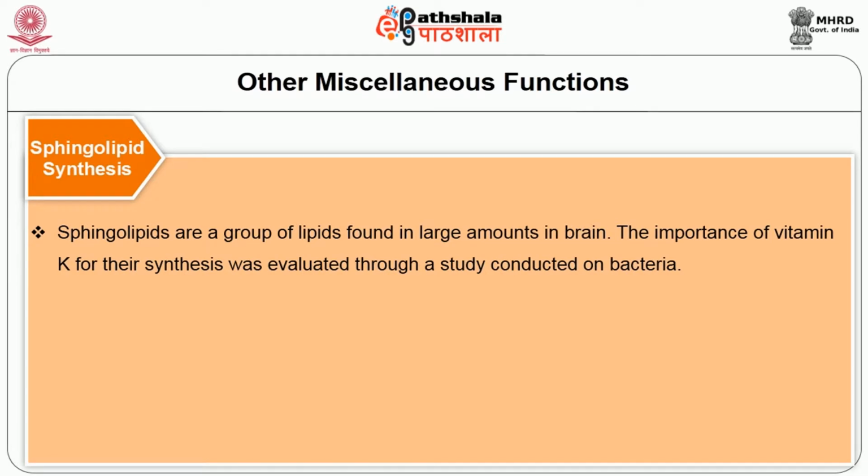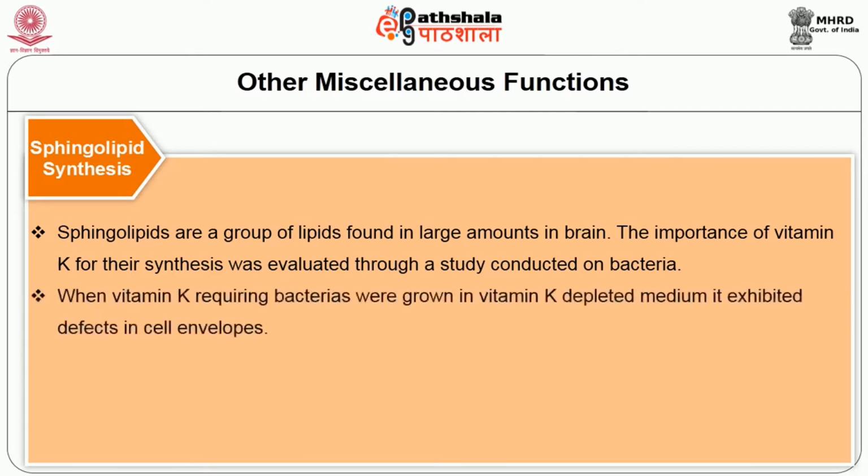Sphingolipids are a group of lipids found in large amounts in the brain. The importance of vitamin K for their synthesis was evaluated by a study conducted on bacteria. When vitamin K requiring bacteria were grown in vitamin K depleted medium, they exhibited defects in the cell envelope.